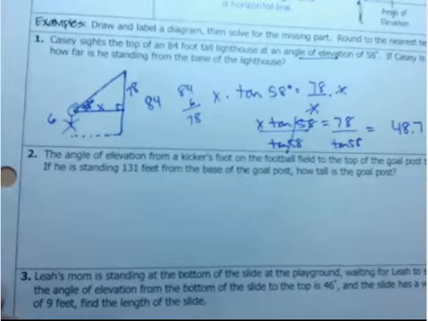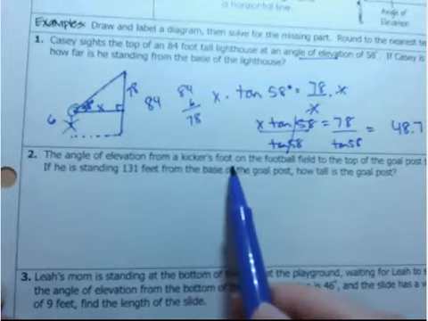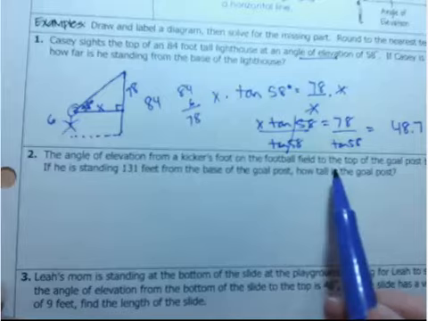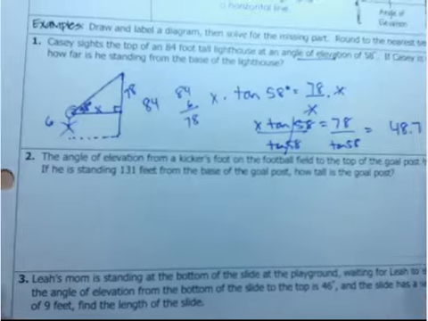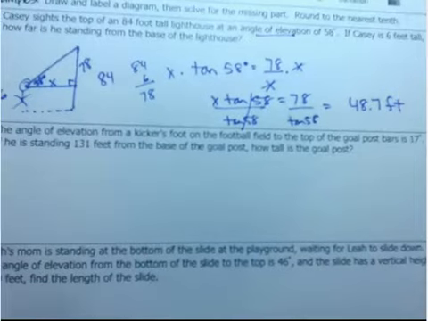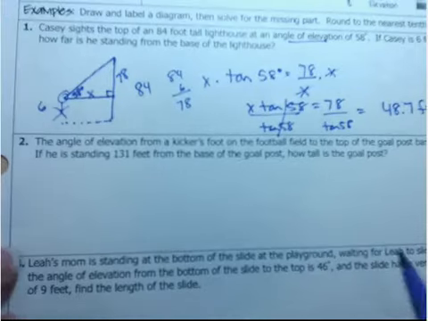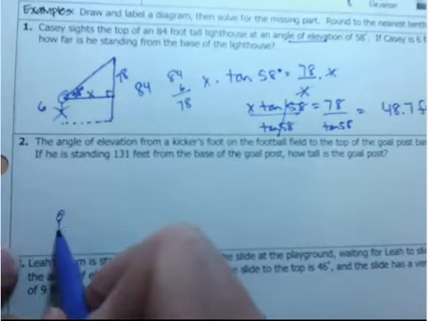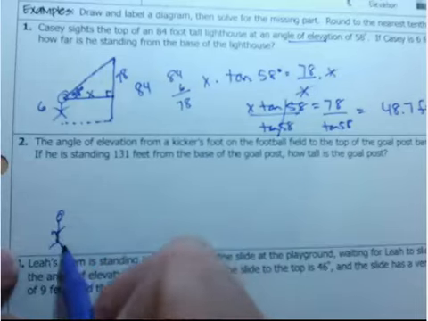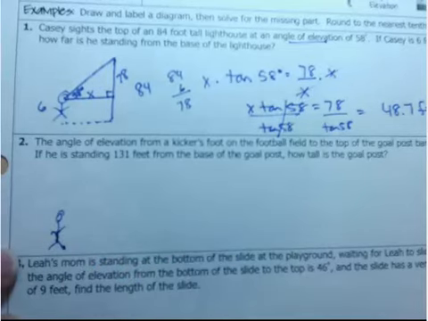For the next question, we have the angle of elevation from a kicker's foot on a football field to the top of the goal post is 17 degrees. So the line of sight is not always coming from a spot that's up off the ground. Sometimes it's on the ground. In this case, we have our soccer player, and his foot is where we're going to start everything.